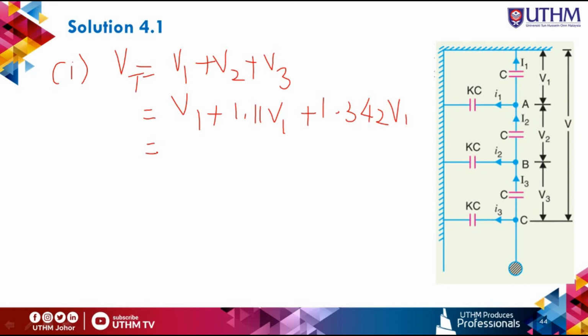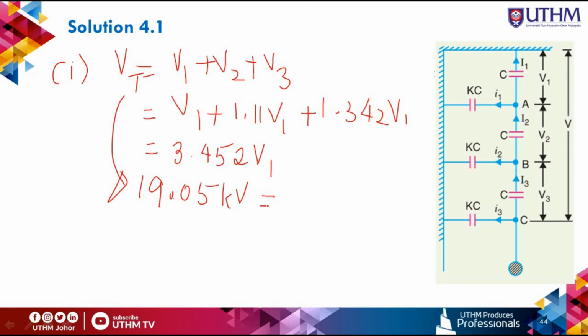So we get 3.452 V1. We know from before that Vt is 19.05 kilovolts, so 19.05 kV equals 3.452 V1.